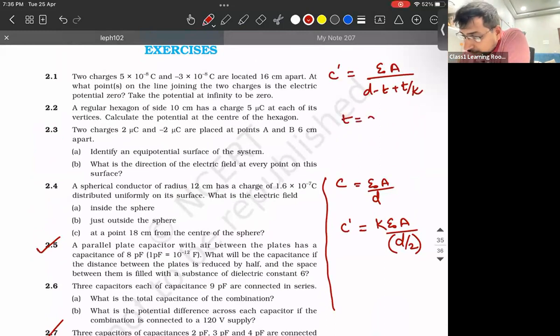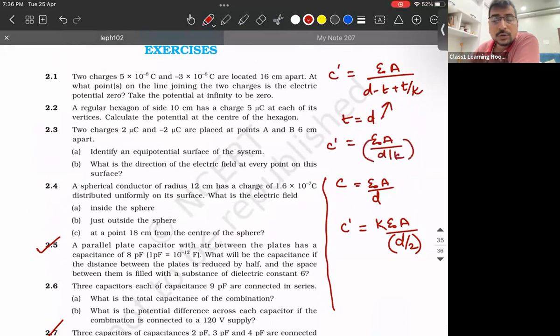When T is equal to D, substitute it here, then C dash will be equal to epsilon naught A divided by D by K. So K will go to the numerator, it will become K times epsilon naught A divided by D. So capacitance will increase by a factor of K. Okay.